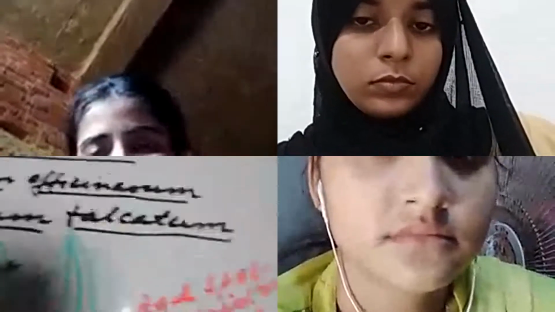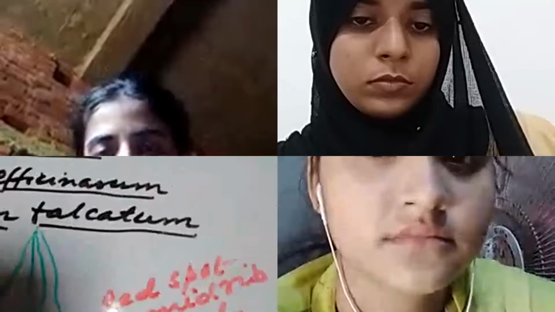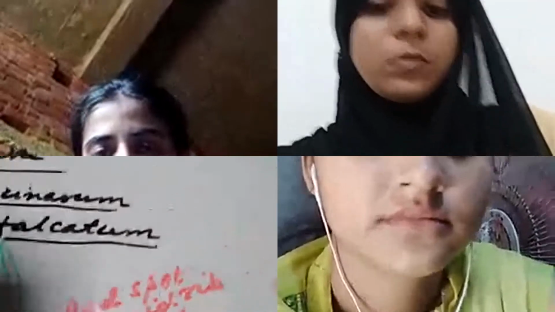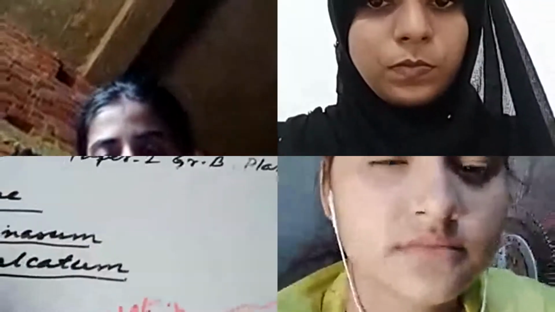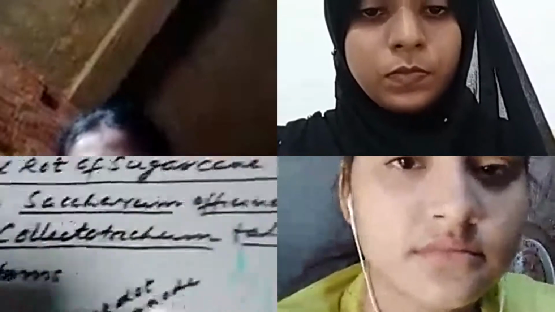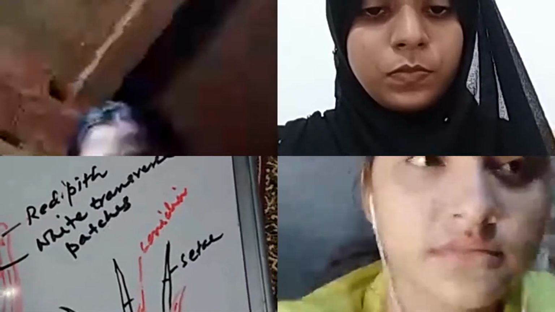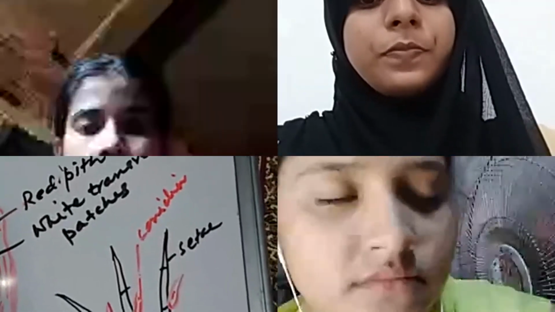So these are the very common symptoms which you can find on the infected sugarcane plant. These are the early symptoms present on the leaf, late symptoms present on the leaf, early symptoms present on the stem, and this is the late symptom of this disease, during which the entire pith gets converted into a reddish structure, which also has transverse white band-like structures.